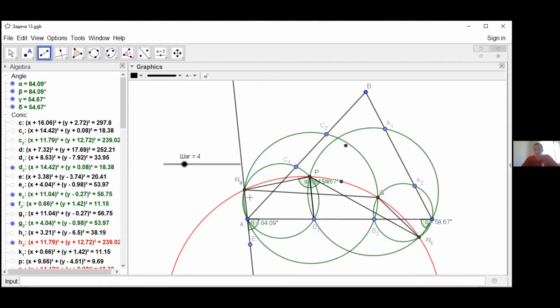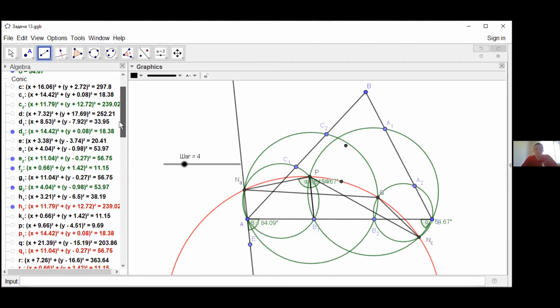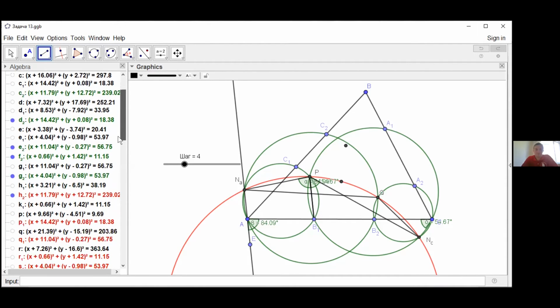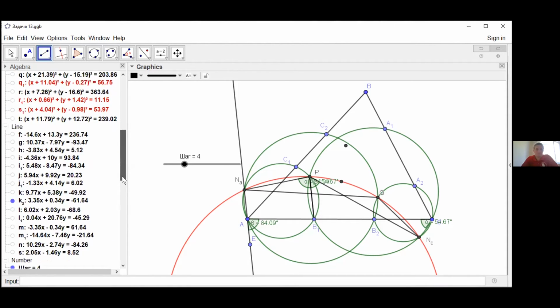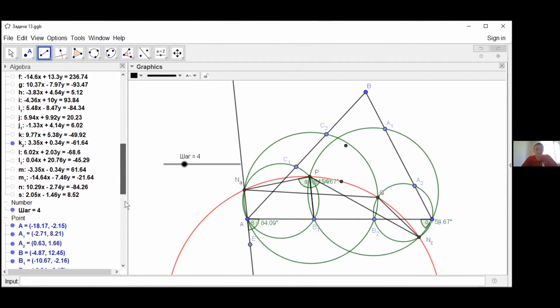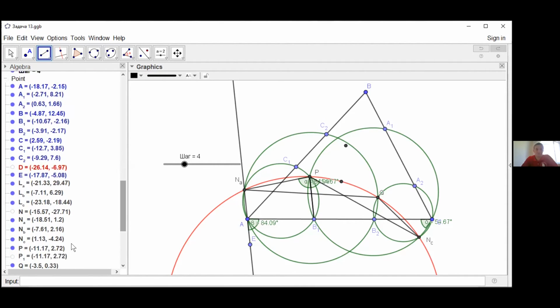And now replace, say, NA by NB. We obtain that this circle also passes through NB.